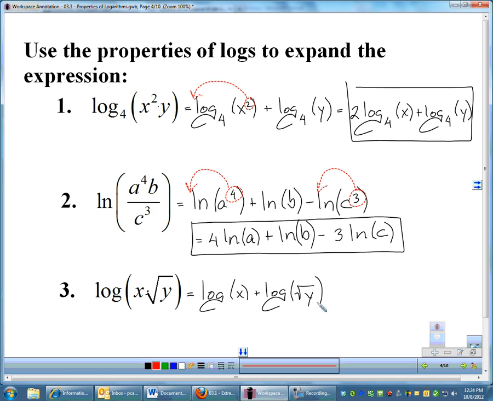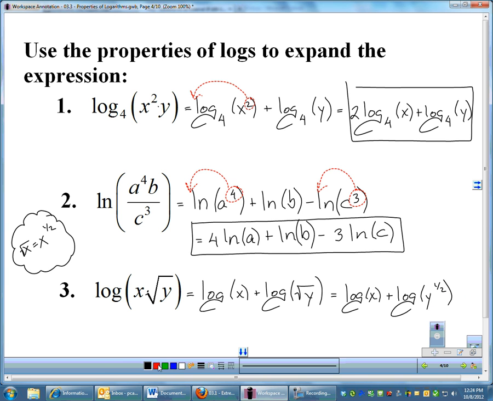the square root of something, if you remember way back in the day in Algebra 1, you learned that the square root of something is the same thing as that thing to the 1/2 power. So when I see a square root, that's actually an exponent, where you could change that. Instead of reading it as the square root of y, we could read that as y to the 1/2 power.